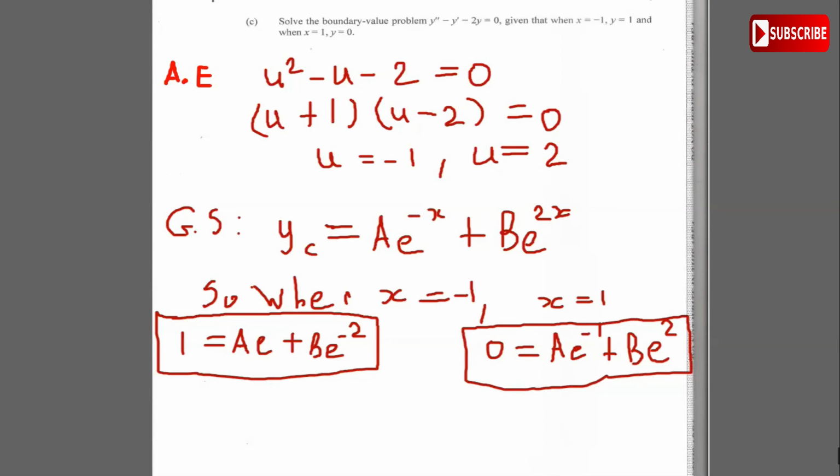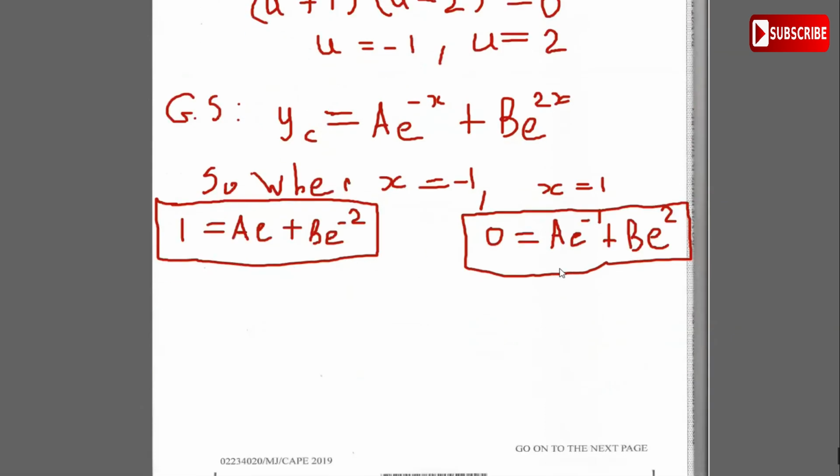All right, so to solve these two equations for A and B, let's see the easiest way to do this. The easiest way I'm seeing is to make A the subject from this one so I can use substitution.